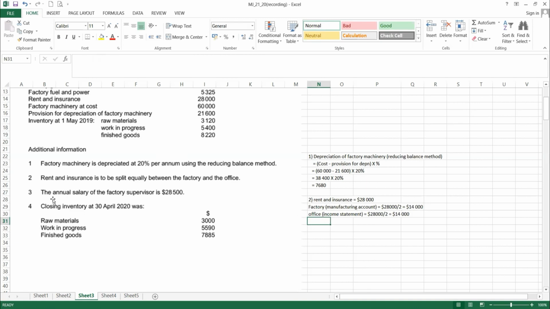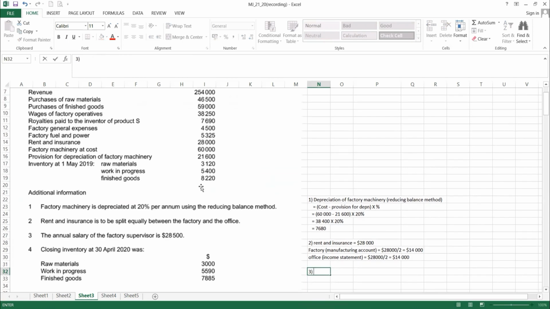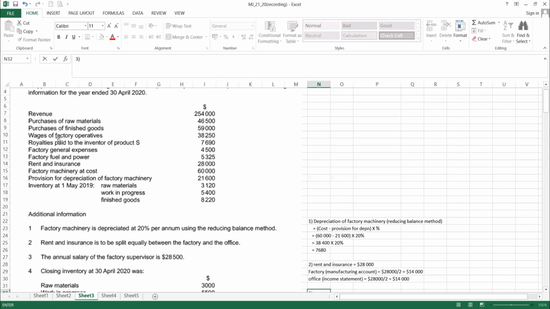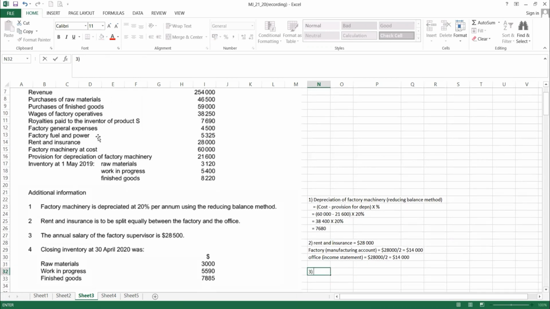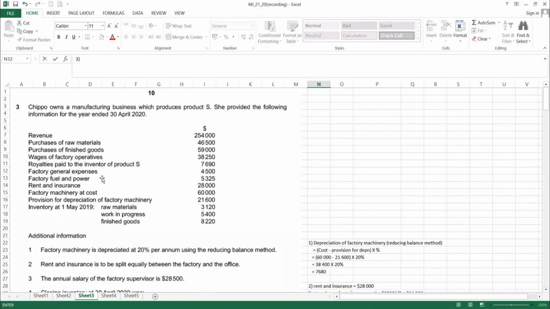We calculated number 3. The annual salary of the factory supervisor is 28,500. So let's see the salary. Where is the salary? Okay, wages of operatives, no, they didn't say. Here, that means you don't have salary in the trial balance.